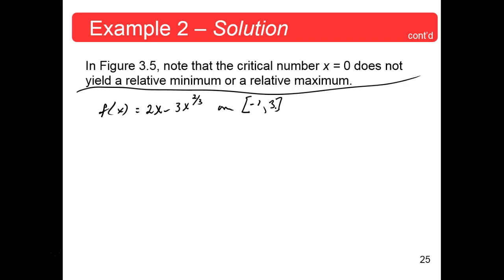Okay? Find the extrema. Extreme values. Absolute max, absolute min.